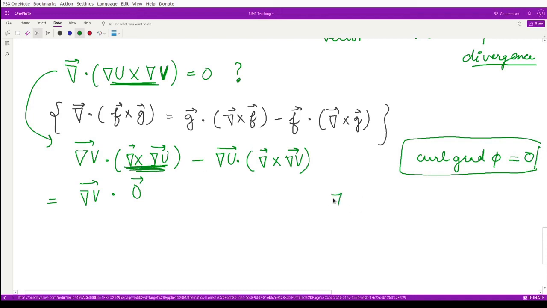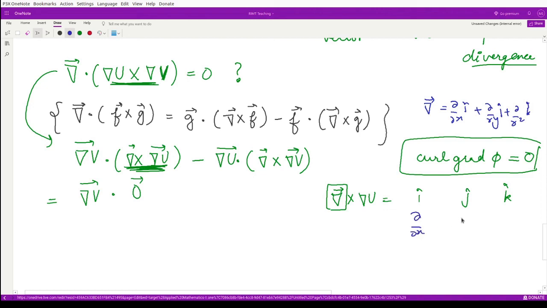Suppose you wanted to calculate del cross del u. That would be the determinant with i cap, j cap, k cap, then the components of del. The del operator is nothing but del by del x i cap plus del by del y j cap plus del by del z k cap. Accordingly we have del by del x, del by del y, and del by del z here.